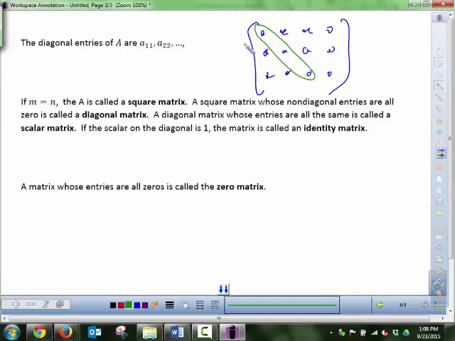So that would be the diagonal. And so those diagonal entries will be 1, 1, 2, 2, 3, 3, etc. And then that will identify your diagonal entries.